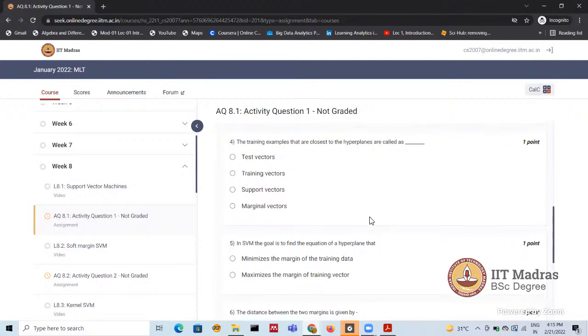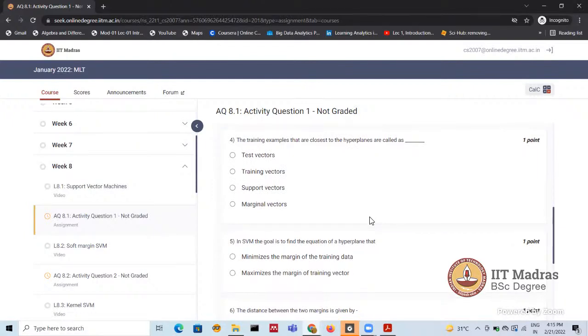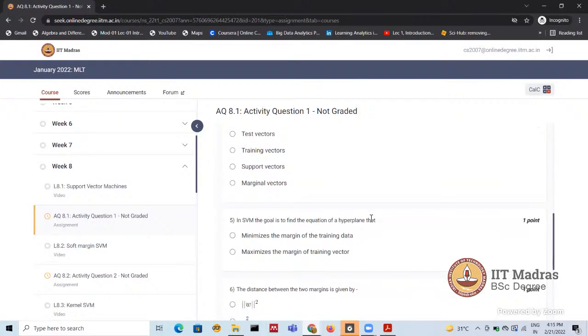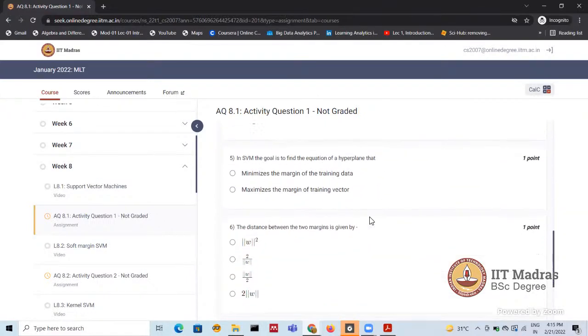I hope so. You can carry on, Devesh. Thanks, Amrita. The next question: the training examples that are closest to hyperplanes are called as dash. Support vectors. They are like the basis of this algorithm.